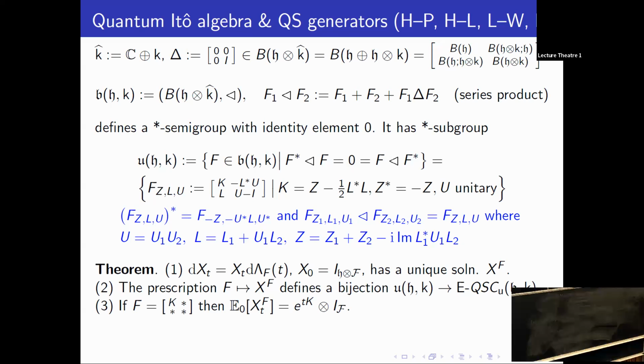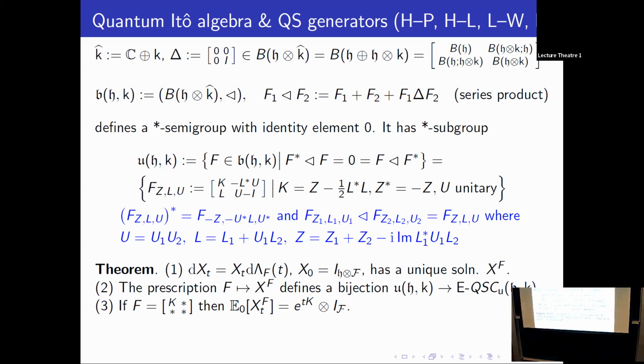If K is the top left of the block matrix operator F, then the expectation semigroup of the cocycle has generator K. Duality works nicely here. So the dual of the cocycle generated by F is the cocycle generated by the adjoint of F, which you see is still in the class.